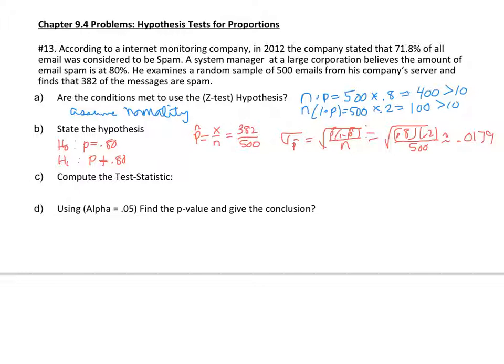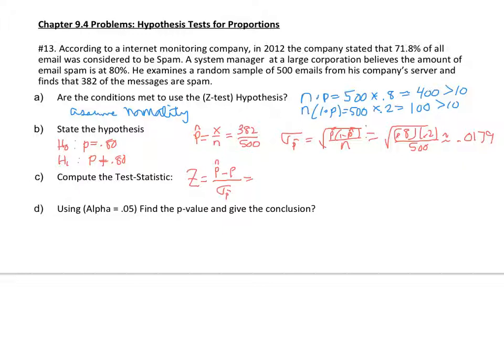Now we have to compute the test statistic. Our test statistic is z in this case, and it is p hat minus p divided by sigma p hat.